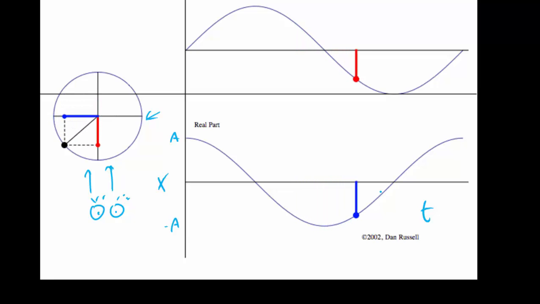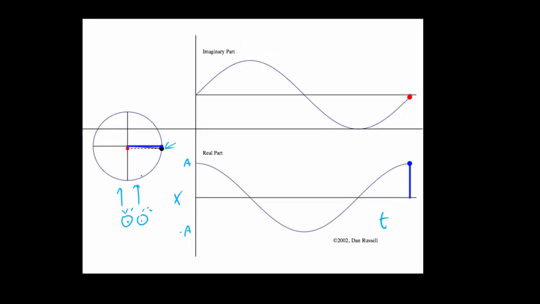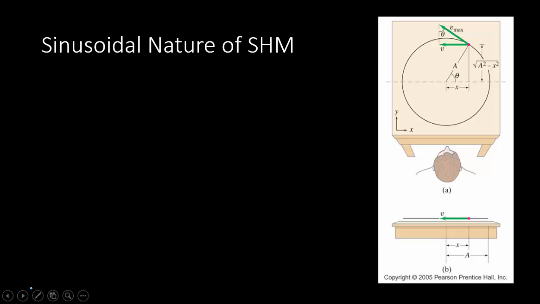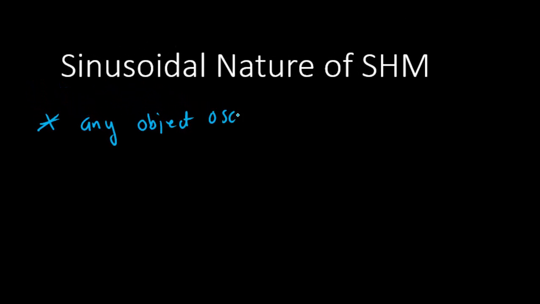We're going to be talking about an equation that the book goes over on page 445 that gives you an equation to represent the position of an object in just the x direction as a function of time. So let's go ahead and talk about that. This is true for any object that is oscillating with simple harmonic motion.